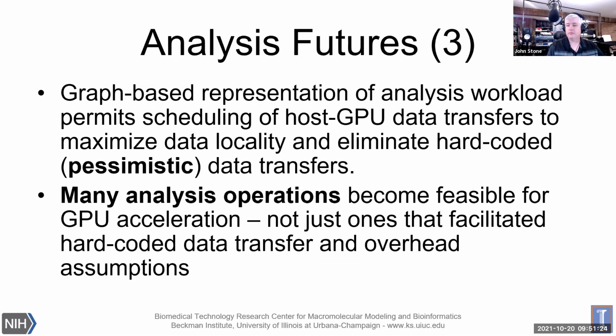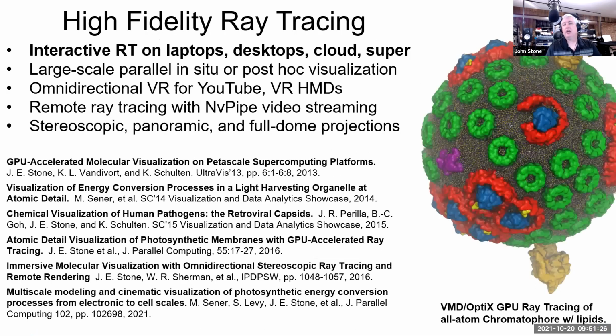So yeah, and I would say then the last stuff I'll talk about, we have about 8 minutes left, is GPU accelerated ray tracing. So I told you a little bit about this at the beginning. We've been doing a lot more recently with things like remote video streaming.